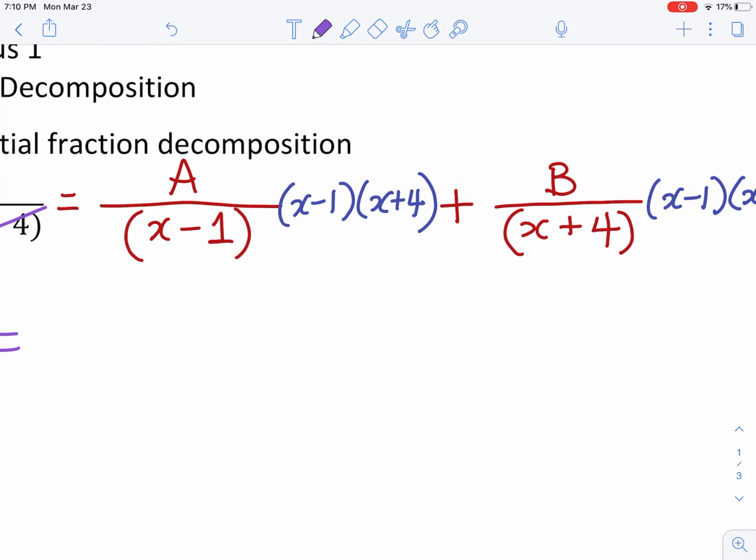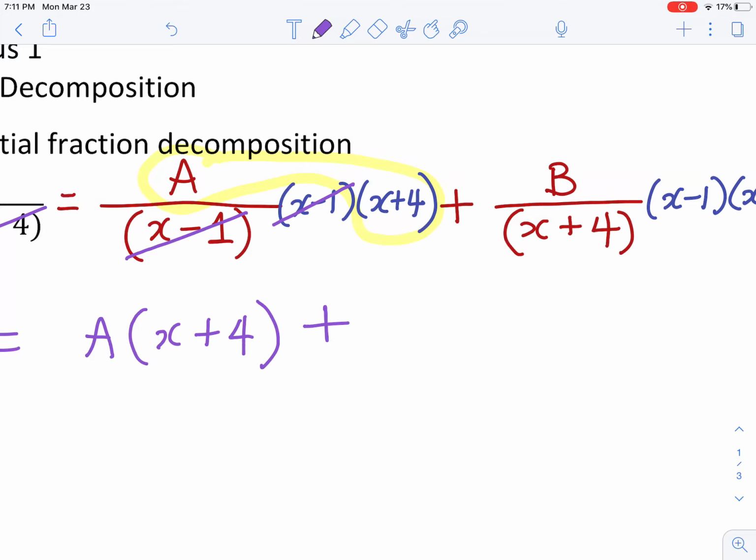Equals. Now let's take a look at the very first fraction. Focus on this one. What cancels out? We cancel out the x minus 1 and this x minus 1. So what's left? We still have A, and inside this factor, we're going to write x plus 4. Okay, so what we have left is A times x plus 4, and that's what I wrote down.